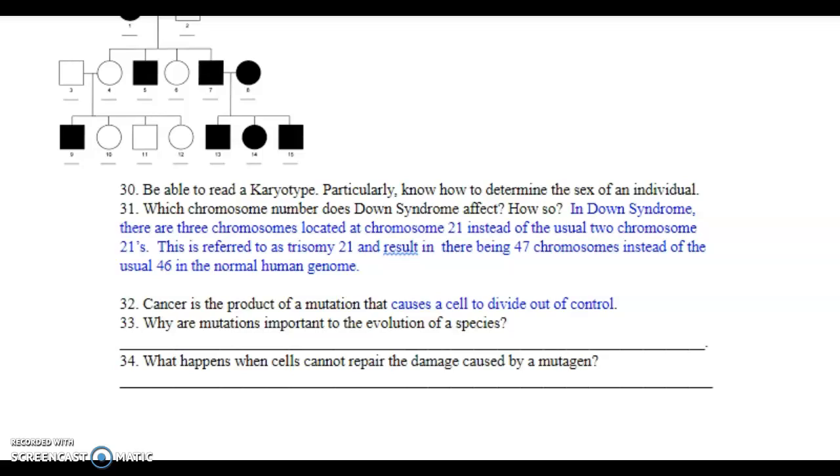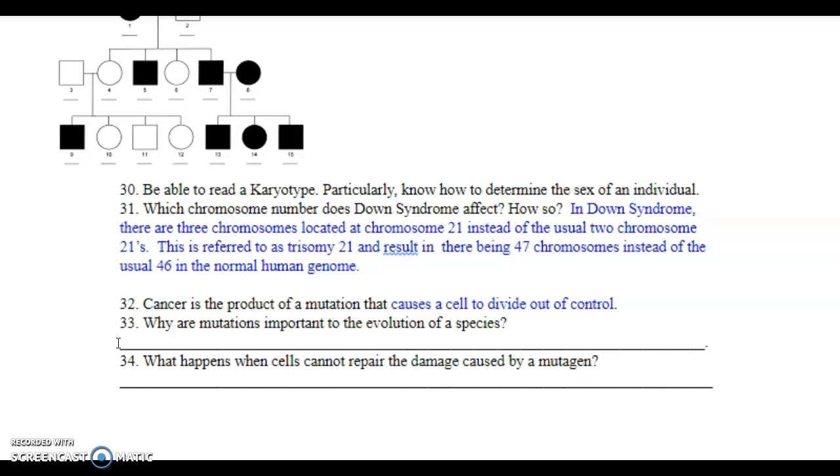Number 33 says, why are mutations important in the evolution of species? Mutations are important because they add to that genetic diversity. If an organism has a mutation that makes them more likely to survive a change in the environment, then that allows the species to continue on when others may have been susceptible to that change, and it may have killed off some of those, but then the ones that had that mutation may have been more able to survive.